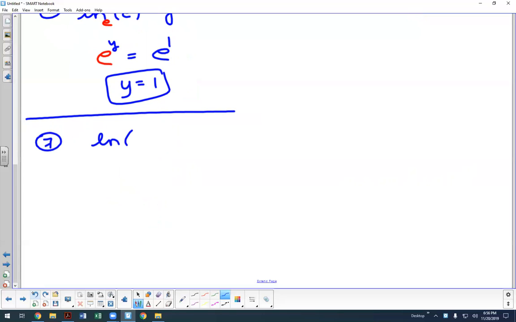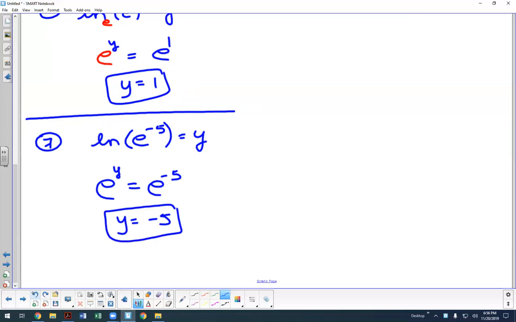So this is natural log of e to the negative 5 equals y. So again, that e base, which is not mentioned here, will be e to the y equals this answer in the parentheses, e to the negative 5, right? Again, both our bases are the same. So y equals negative 5.